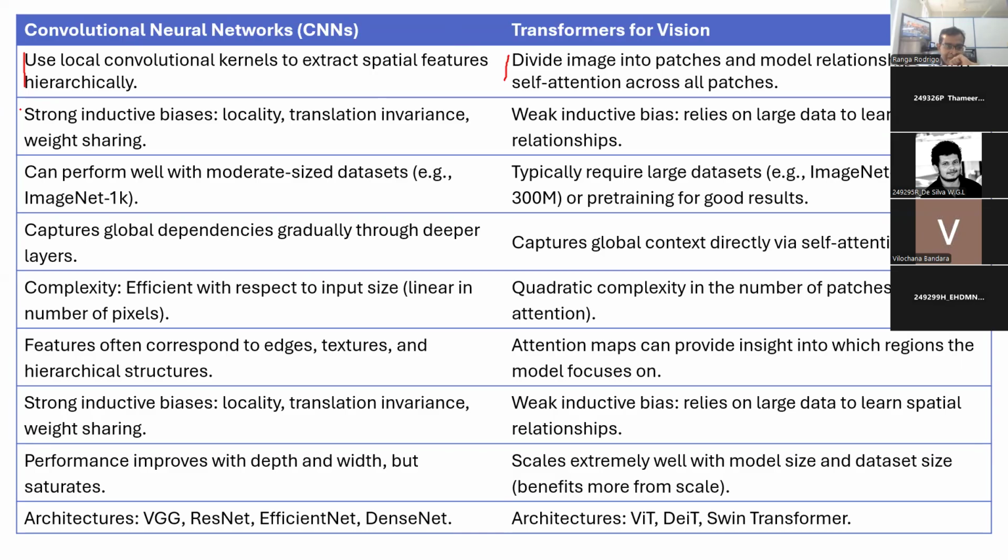So in the convolutions, we say that there's a strong inductive bias. What that means is we say, because we are running convolution kernels, that the relationship between local pixels is important by running a small convolution kernel.